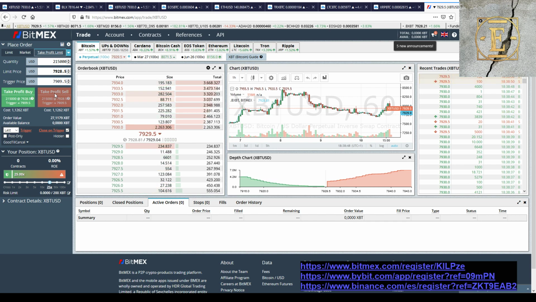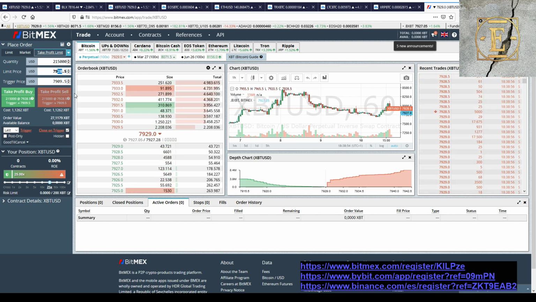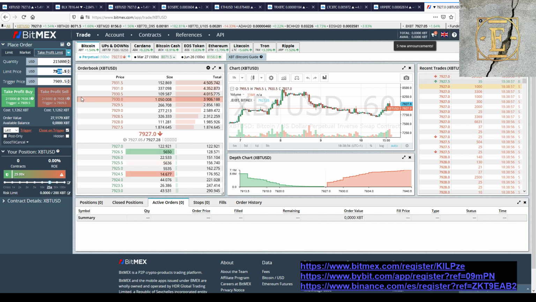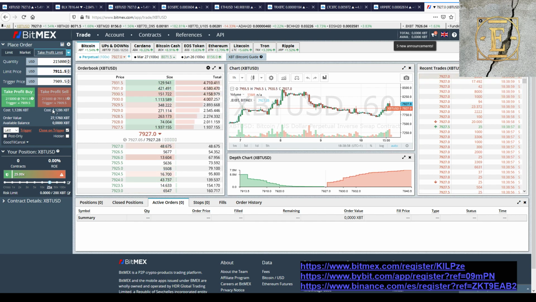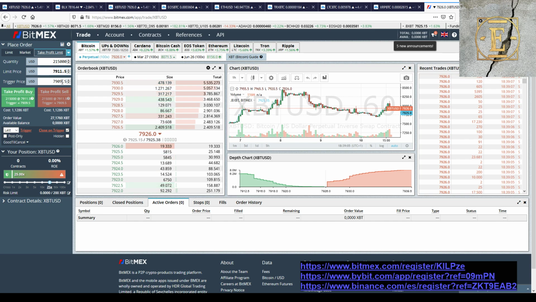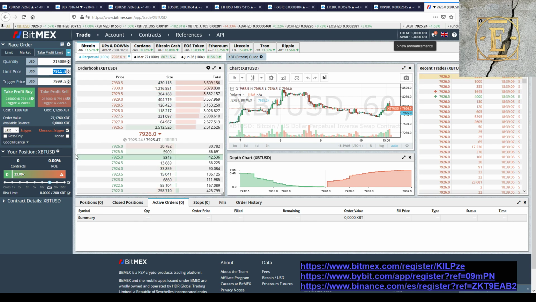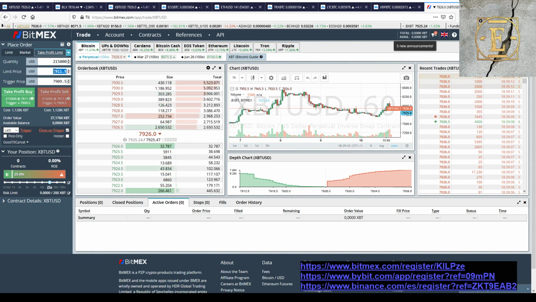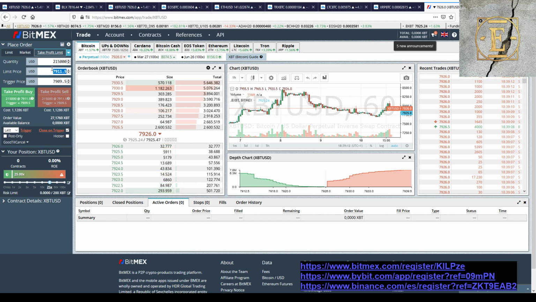For example, I can put a trigger price here, and then I put a price at 11. So if price goes down, my order is going to appear, but it's going to appear above that level. So price comes back and closes, and BitMEX pays you, and you don't pay BitMEX.